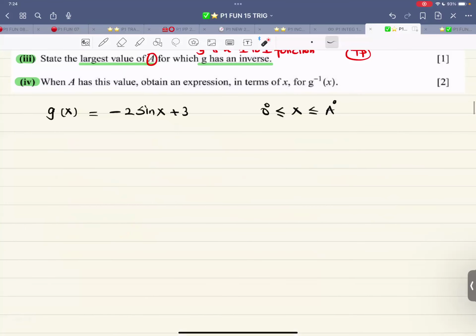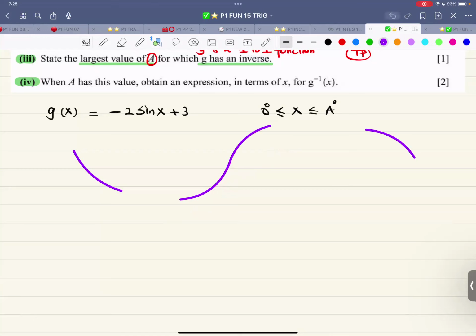That means if I draw portions of the graph, just to illustrate this idea, like this, and from here all the way up, no, it won't work. So hold on for a second. Something like this, or something like this.